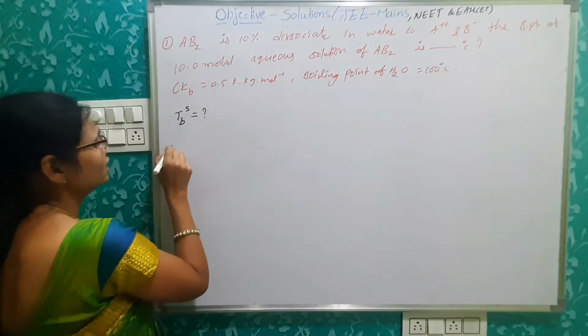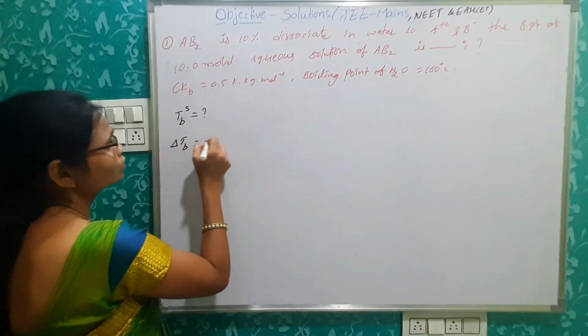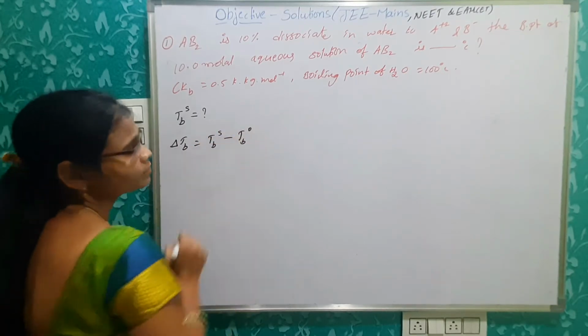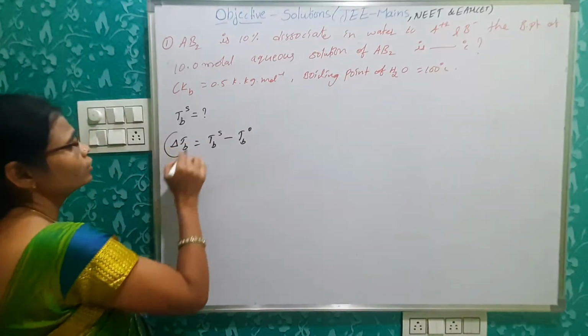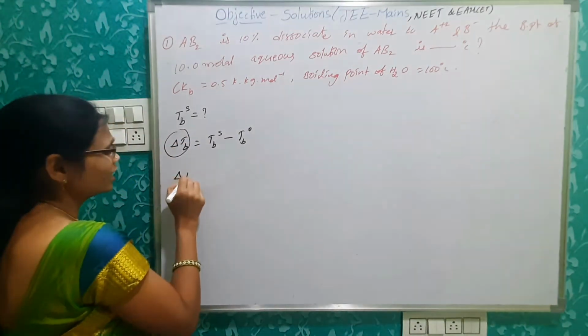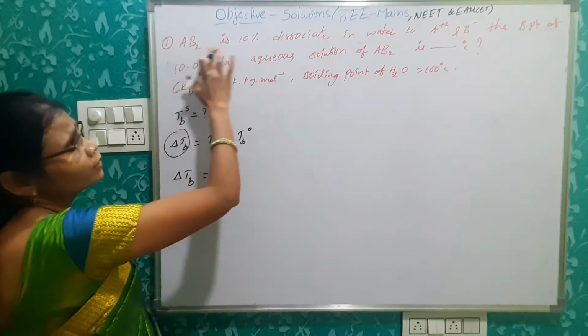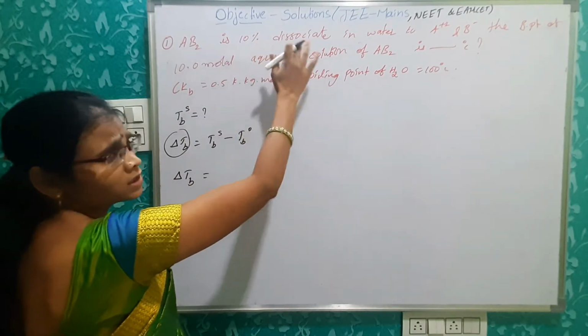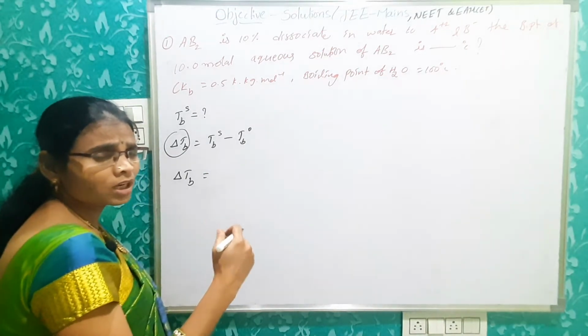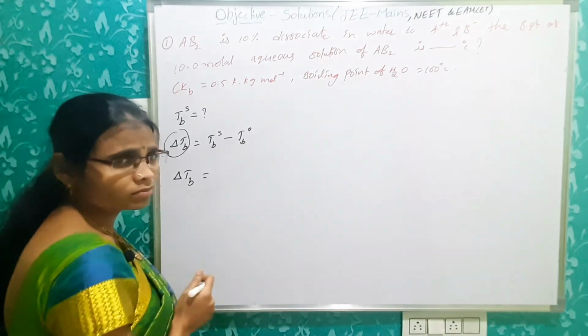For that, delta TB is equal to TBS minus TB naught, but we don't know delta TB. Since AB2 is 10% dissociated, we can use the modified formula after introducing the i factor.